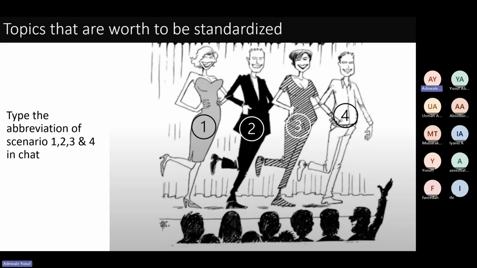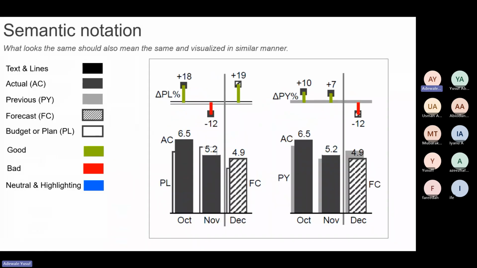Okay, so number 4 is budget or plan, right? I mentioned that here, but I can go a little bit step backward. So number 4 is budget or plan, which is right here.